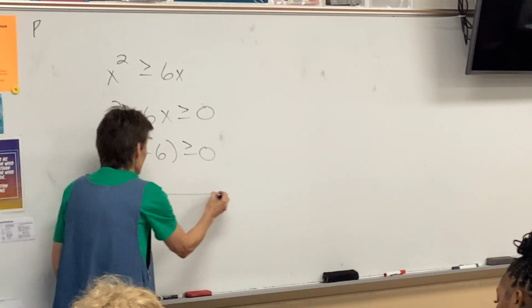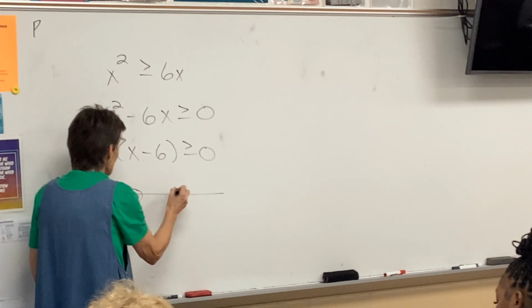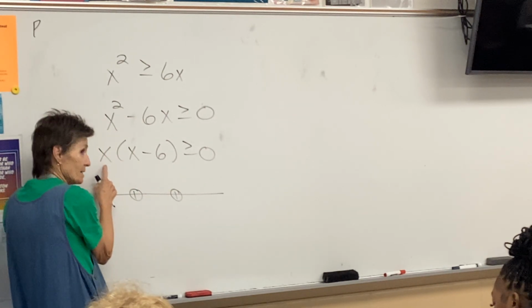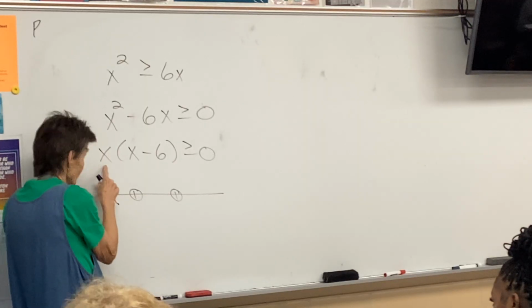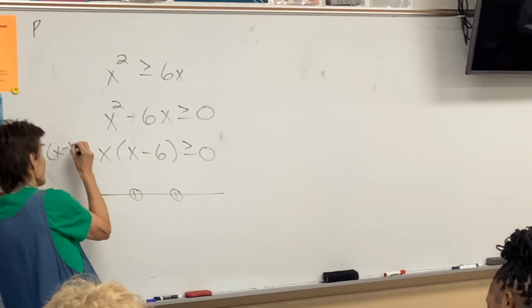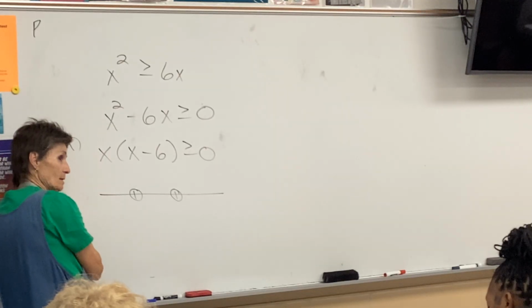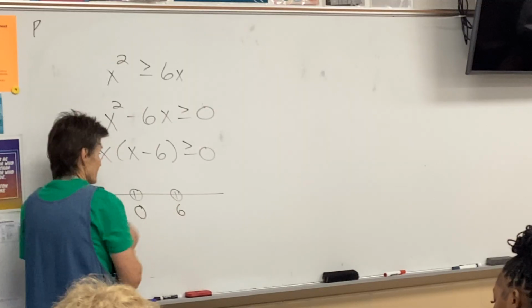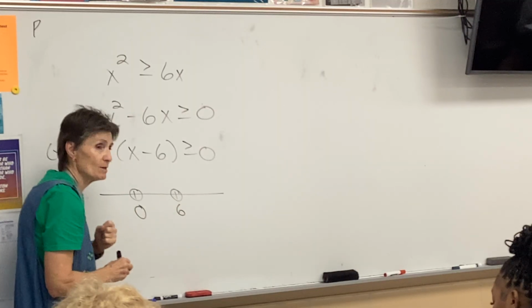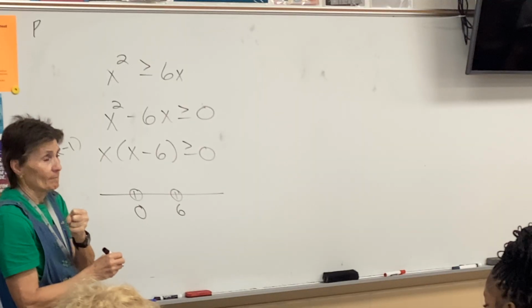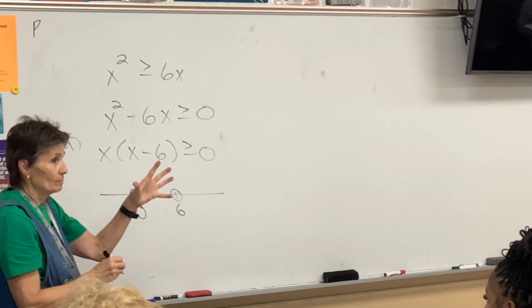Draw my number line. Now there are 2 dots on the number line, boys and girls. One of the dots is at, that isn't 1. If it were 1, it'd say x minus 1. Is that what it says? No. 0 and 6. Your dots are at 0 and 6. A plain x is always 0.